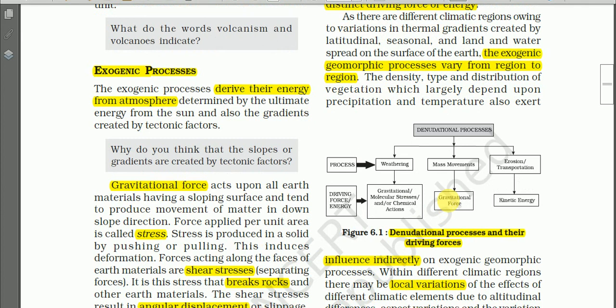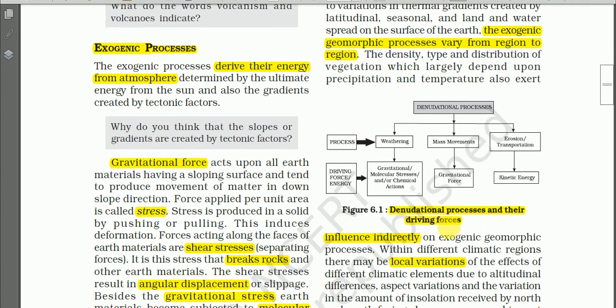And the driving forces for weathering are gravitational or molecular stress and or chemical actions.